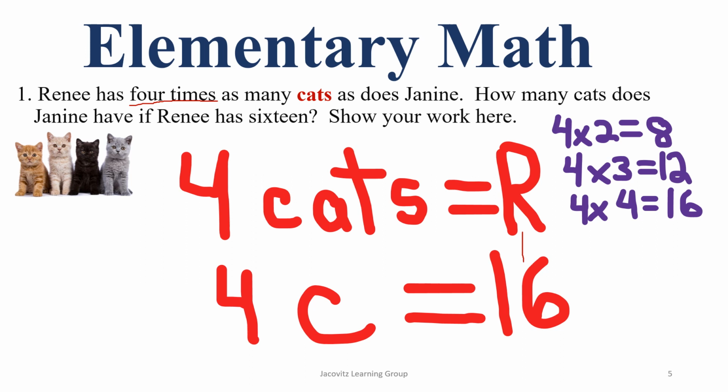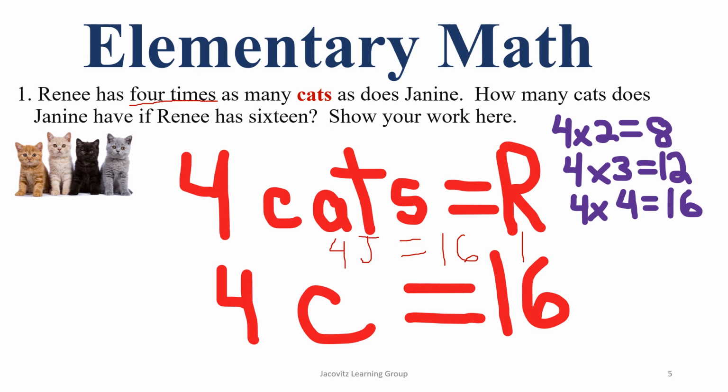So you put 4 cats equal Renee, and you could go 4 times J for Janine equals 16. I put 4C for cats. This is what you might see, but you can also have 4J, because that means 4 times J equals Renee.